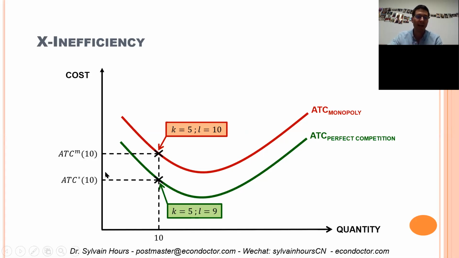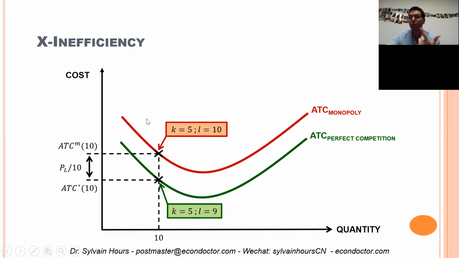So we see that the average total cost of production, and sorry, the value here is not $10, I haven't given any value for the average total cost, but what we see here is that the average total cost in a perfectly competitive market would be lower than that of a monopolist. And the difference, but it doesn't really matter, would be the price of labor, because the difference is just one worker.